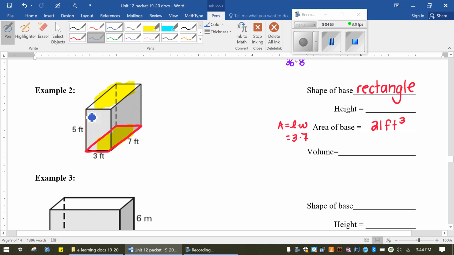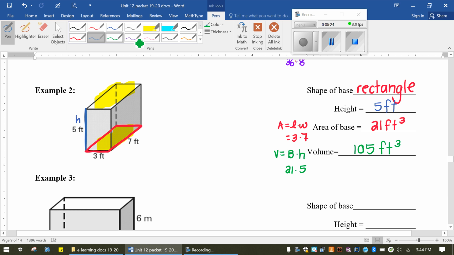And then our height is what is separating the bases. That's right here. That's our height, which is 5 feet. Our volume formula is the area of the base times the height. So the area of my base is 21 times my height of 5, which gives me a volume of 105 feet cubed.